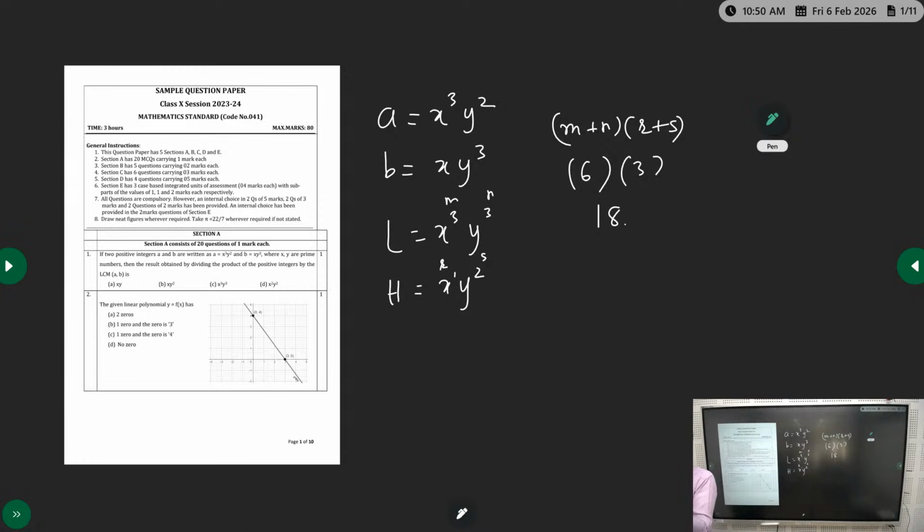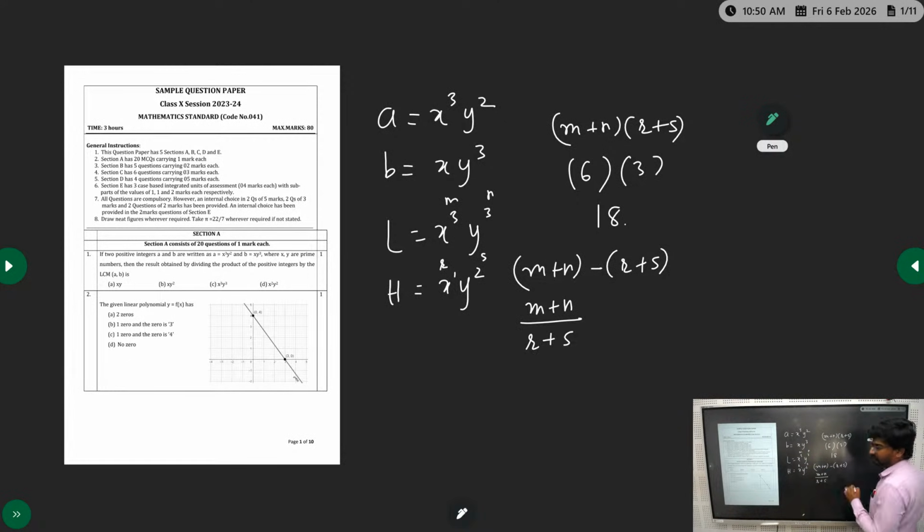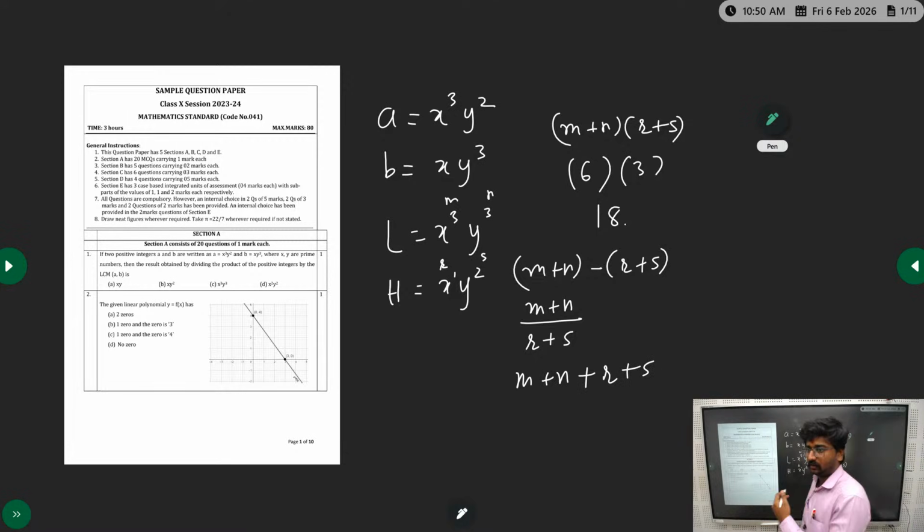So let them ask in any possible way. Even if they ask multiplication, or m plus n minus r plus s, you can try this, right? Then m plus n by r plus s, or the sum of all m plus n plus r plus s. The powers added, subtracted or divided. Okay, so this is your first problem.